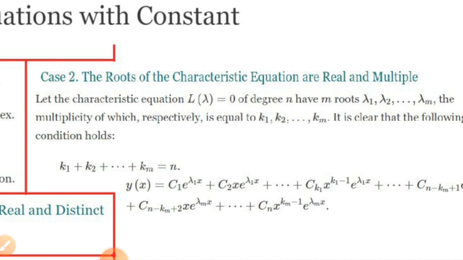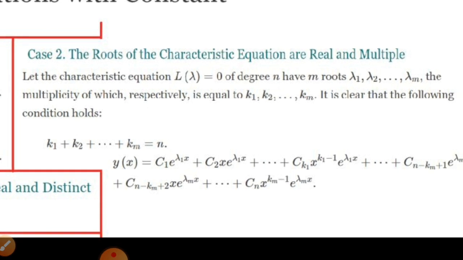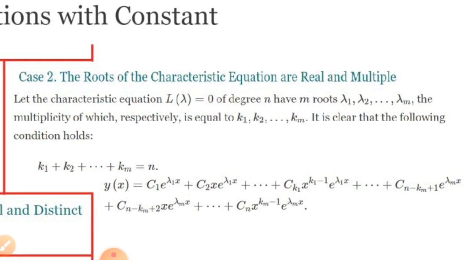In such a situation, the solution of this differential equation will be written as y(x) equals c1 e to the power lambda 1 x. Suppose lambda 1 is repeated k1 times, then we will repeat these terms k1 times, but with some power of x put in: c1 e to the power lambda 1 x plus x c2 e to the power lambda 1 x plus x square c3 e to the power lambda 1 x. The e to the power lambda 1 x term is fixed.